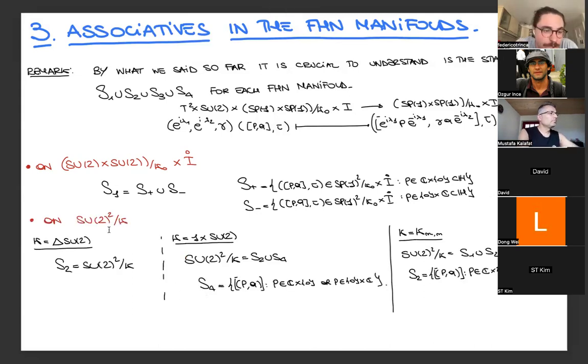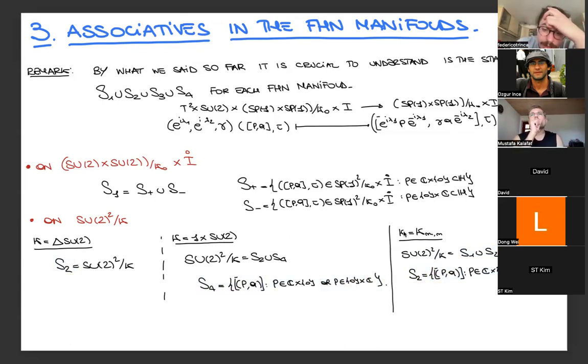And on the singular part of my SU2 times SU2 times U1 action, then we either have an S2, which is diffeomorphic to S3 and is associative, or we have S3 union S4, where S4 is given by this formula here.